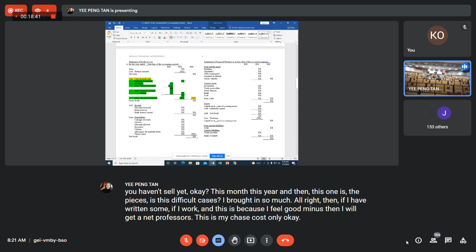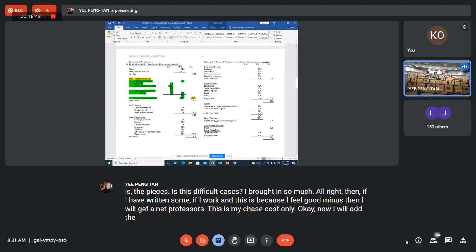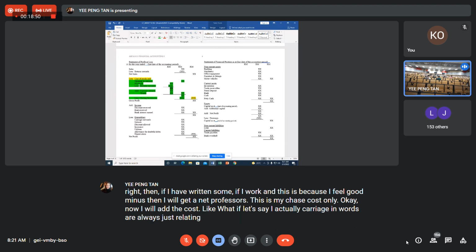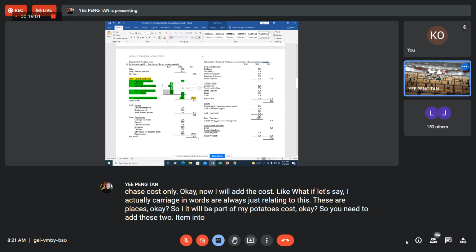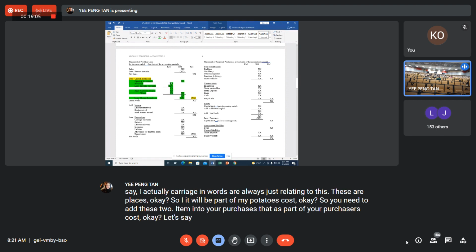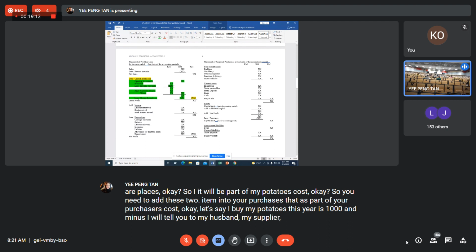Now I will add in other costs, like carriage inwards or wages relating to these purchases. They will be part of my purchases cost, so you need to add these two items into your purchases as part of your purchases cost. Let's say my purchases this year are 1,000. I return goods to my supplier worth $100.